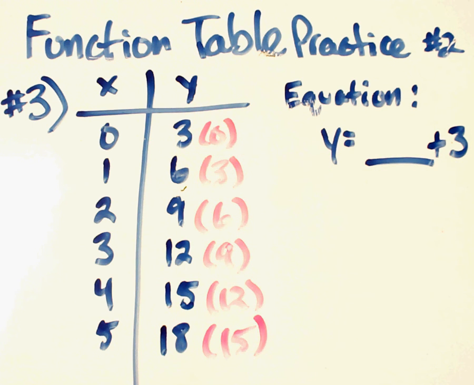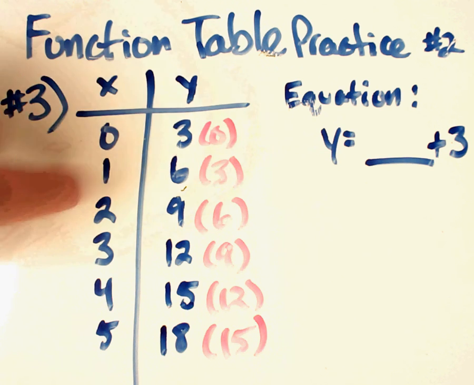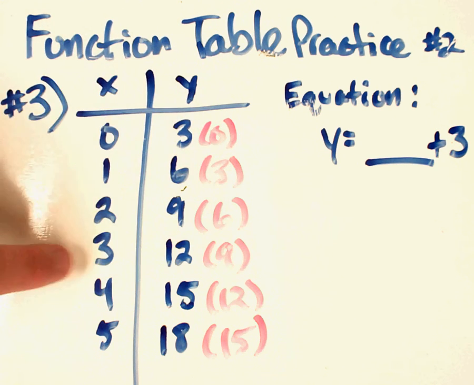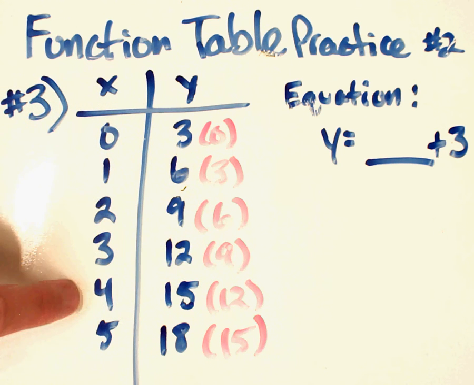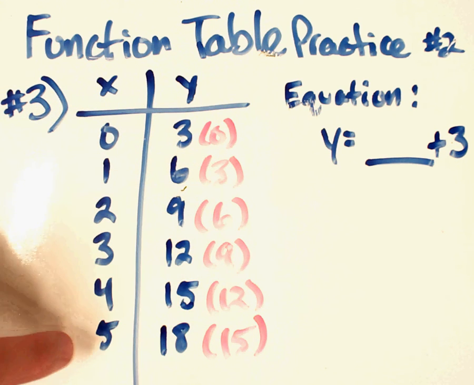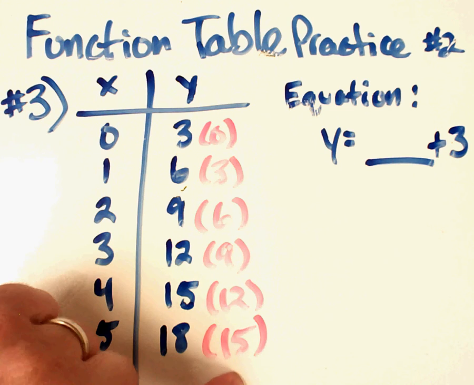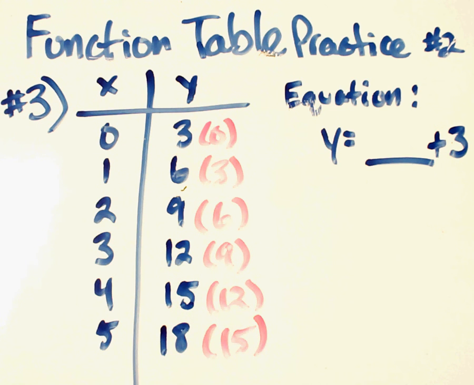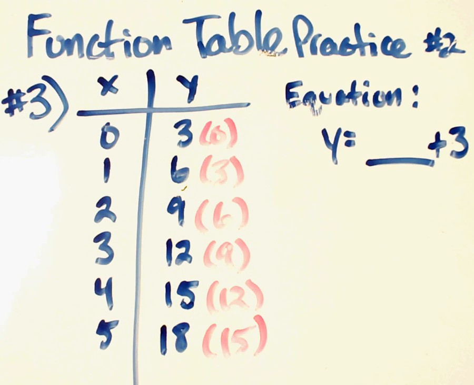Because when I think about 1 to 3, 2 to 6, 3 to 9, 4 to 12, 5 to 15, those sure seem like factors of something. And they are indeed factors of 3.